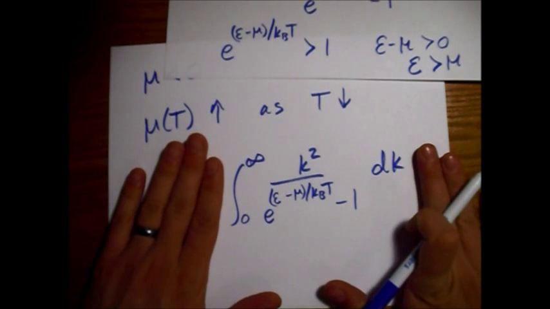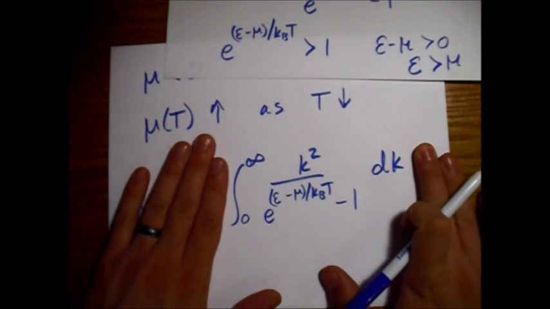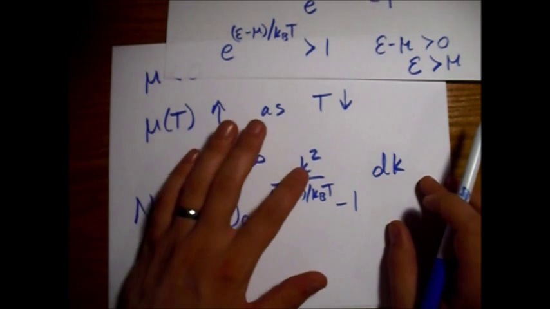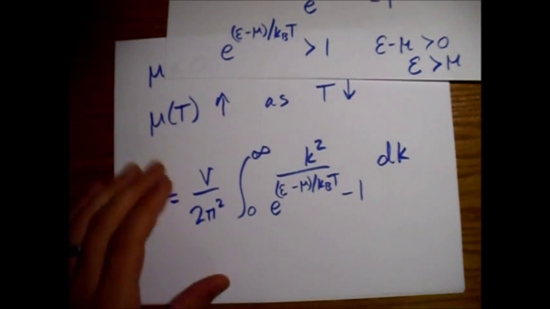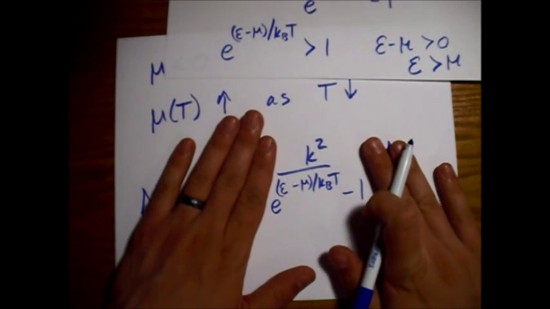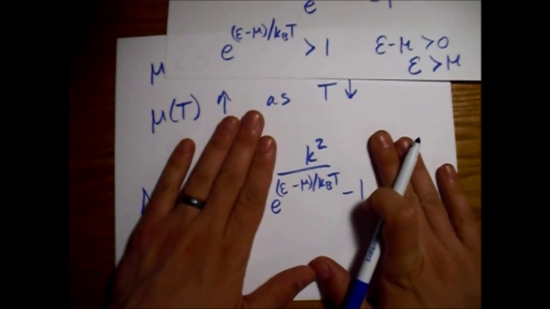So basically this integral has to be constant. We don't have anything weird going on, like a dependence of k on T. So this integrand has to be constant.